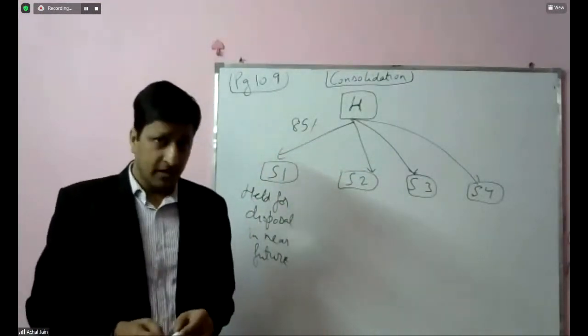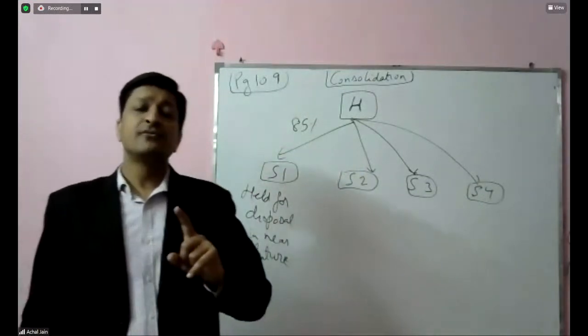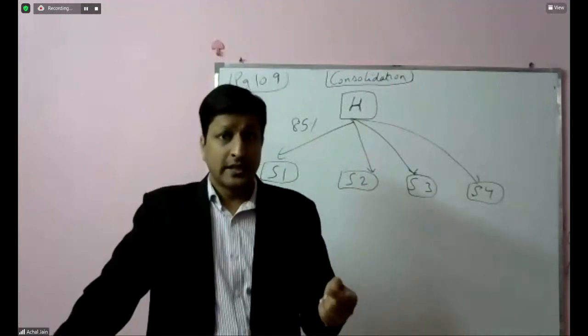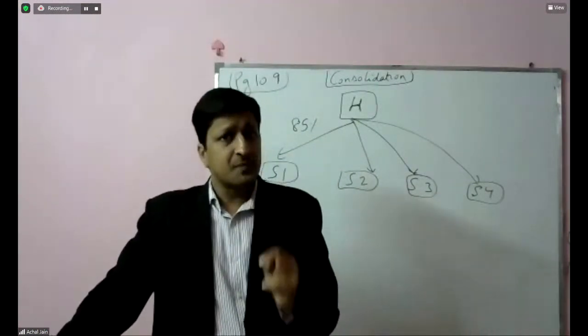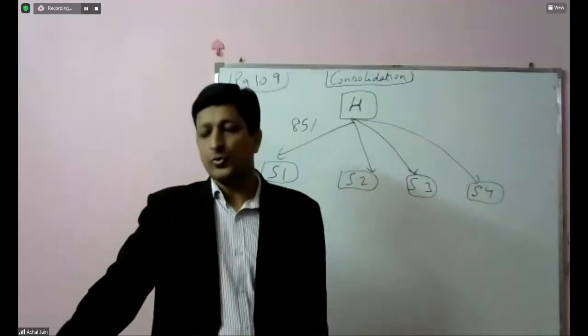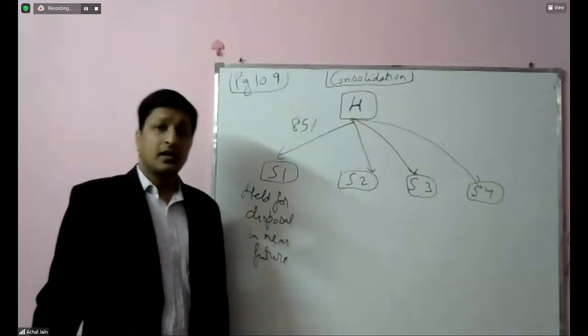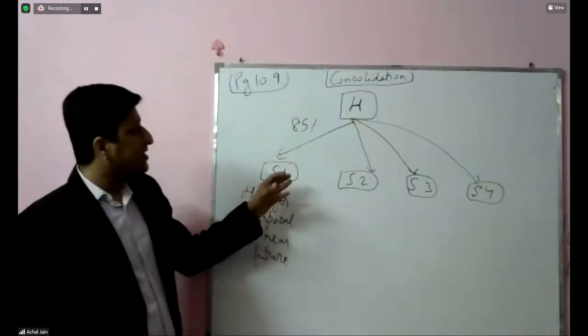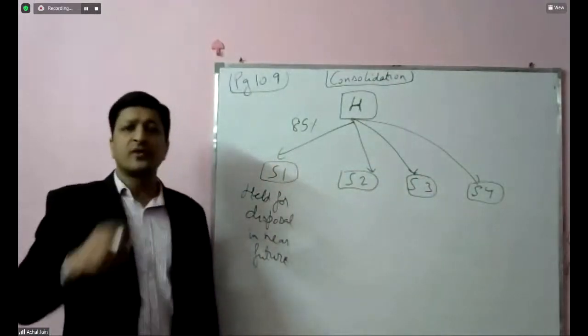Okay, clear? Now please remember that I am not saying that H will not prepare CFS. CFS will be prepared. The only thing is one of the subsidiaries will remain excluded. Now question may arise that, sir, let's suppose H doesn't have S2, S3, S4. H has got only S1.